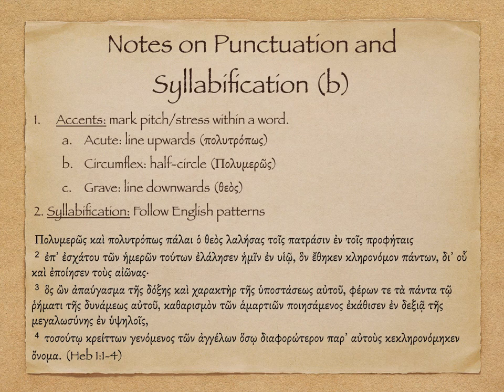Circumflex is a half circle over a letter, polymeros. And that is pronounced in such a way that the voice sort of goes up in pitch and then down. And then the grave accent mark is a line going downwards. Theos.